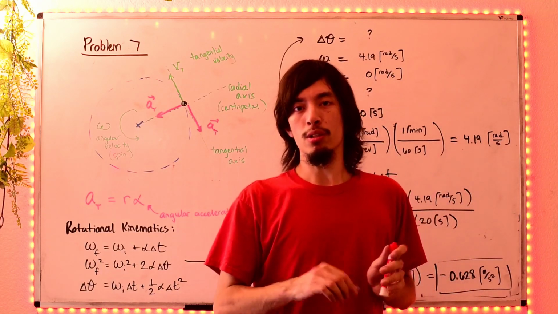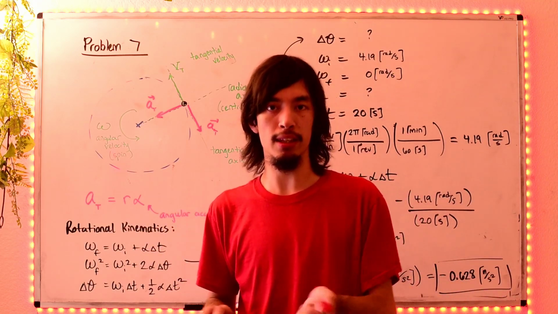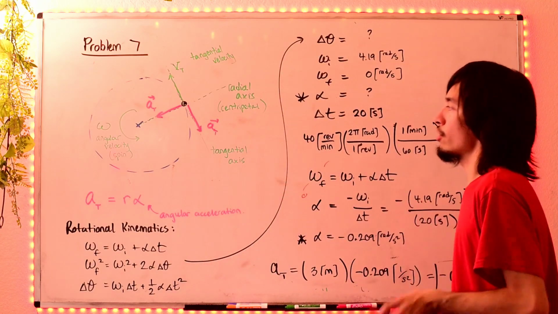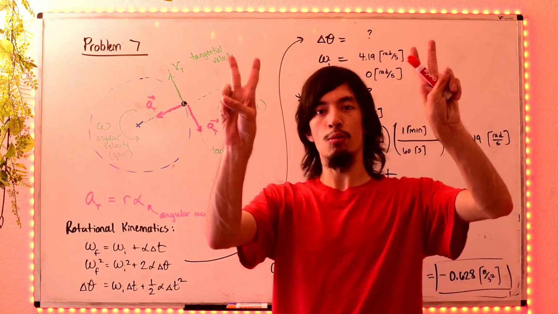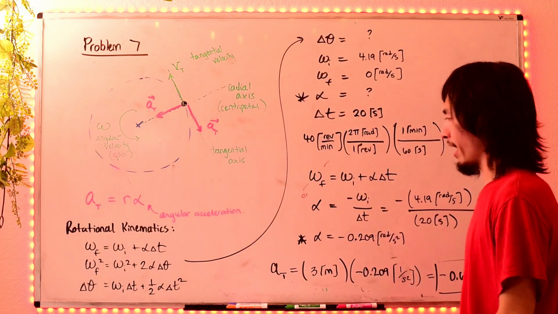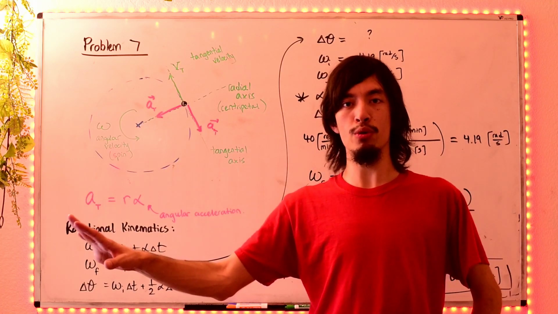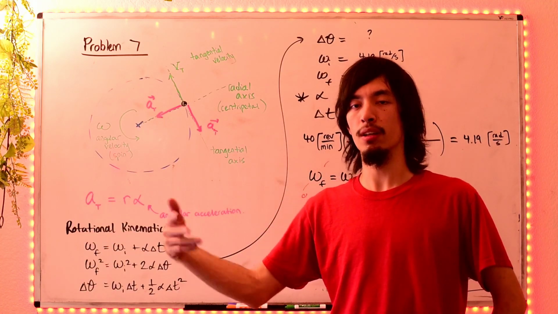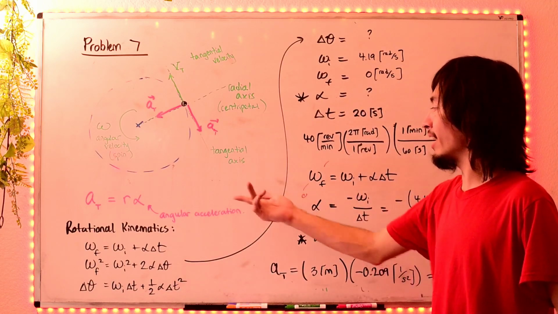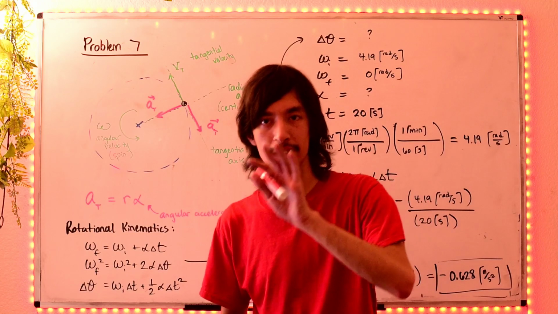But there is one question which is vague, but it means something else. The vague question would be, quote, what is the acceleration in the system? So if they ask that, when they say acceleration in absence of the word rotational or angular, what they mean is linear acceleration.